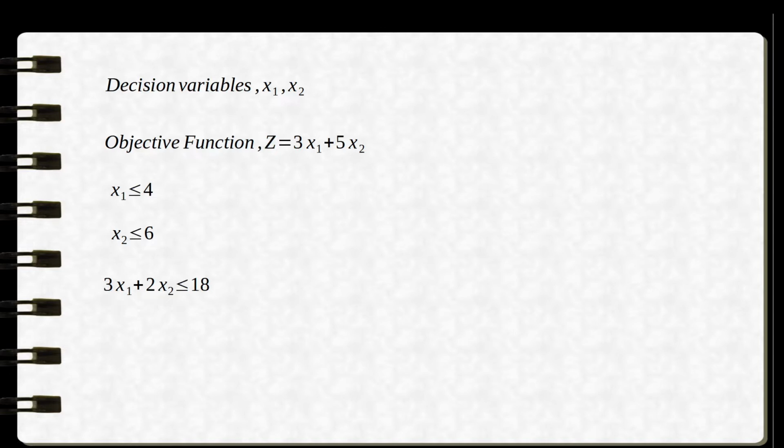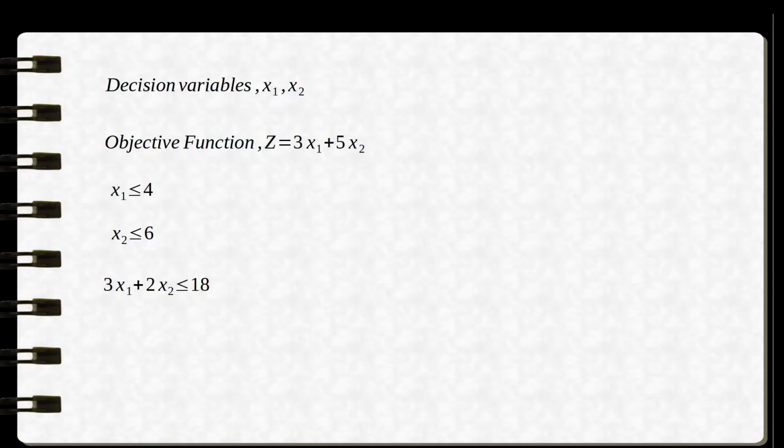Now 3 stands for 3000 and 5 stands for 5000. And it's pretty obvious: the profit per week is going to be 3000 multiplied by the number of batches of aluminum frame windows produced plus 5000 multiplied by the number of batches of wooden frame windows produced.